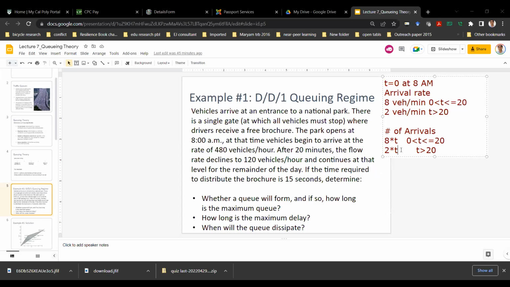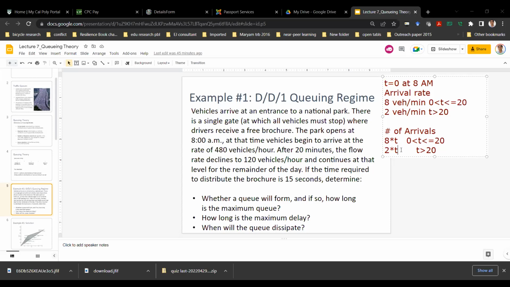How many vehicles would have arrived by t equal to 10? 80, right? That makes sense. 8 times t, we got that. How many vehicles would have arrived at t equal to 20? 160, that's good too.